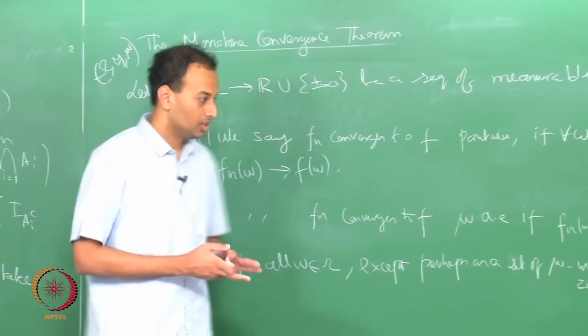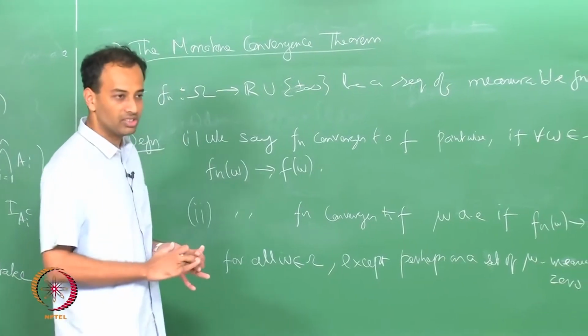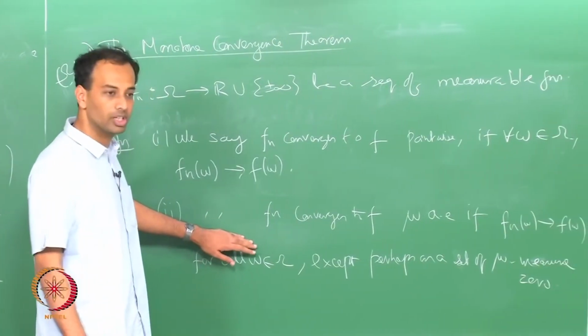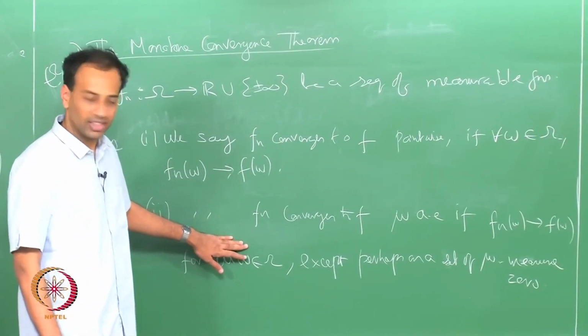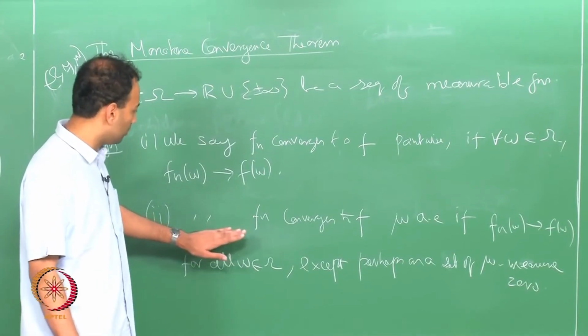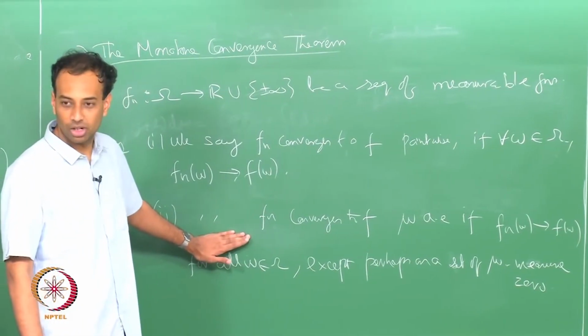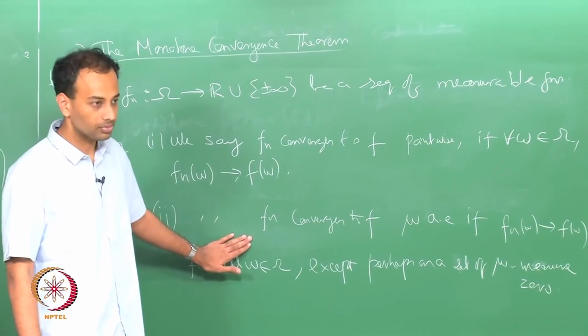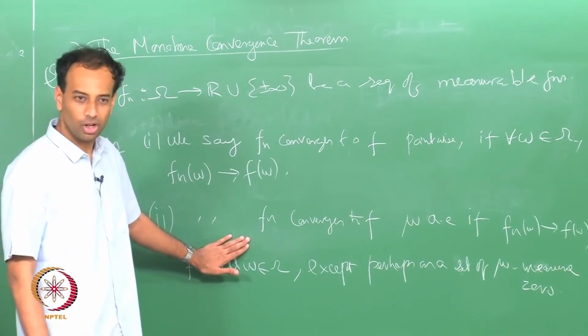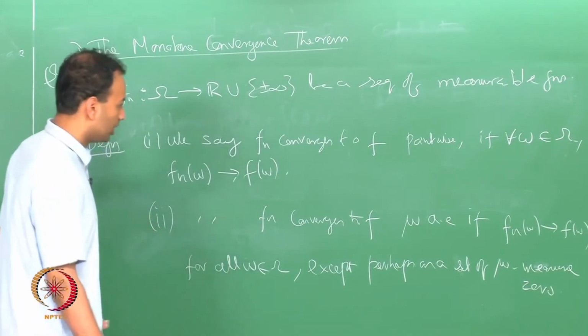So, in the context of probabilities, this has a very important interpretation which we will come to a little bit later. This will become almost sure convergence of random variables. Have you heard that term before? Almost sure convergence of random variables.